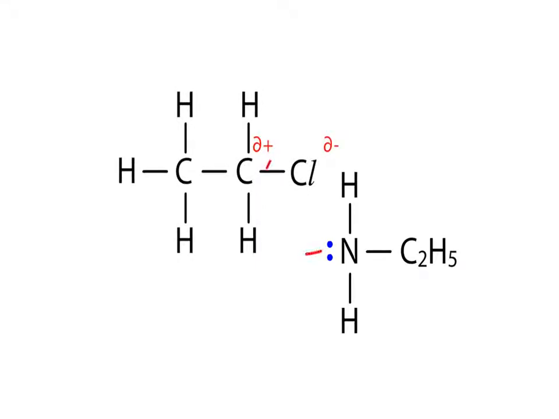Although a primary amine is formed initially, this primary amine, because of the lone pair on the nitrogen, is itself a nucleophile and can react with the haloalkane to produce a secondary amine.